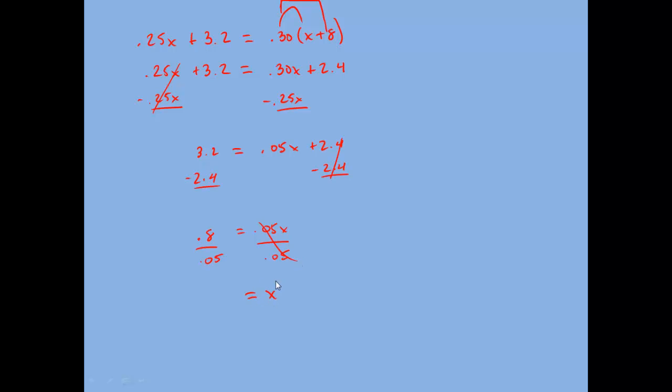So we cancel those out. 0.8 divided by 0.05 comes out to 16. And that's 16, remember, ounces of the 25% alcohol solution. That's the amount that we wanted to add to the 40% solution.